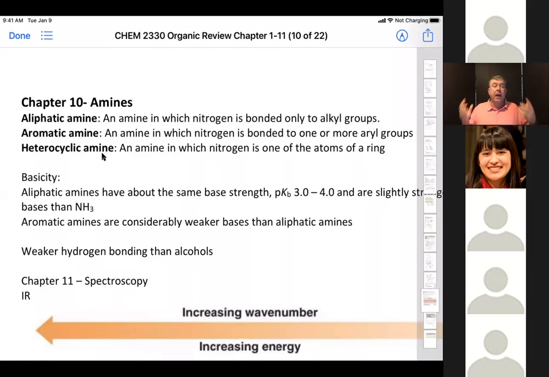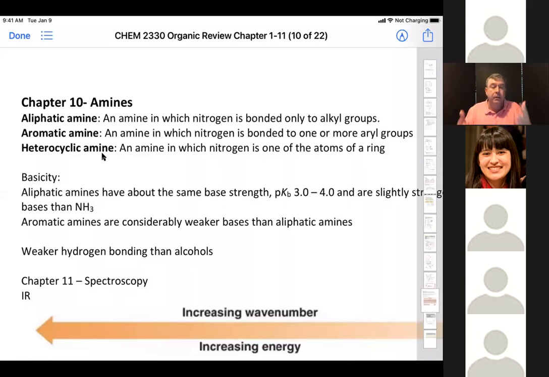The other thing we learned about this is basicity. The aliphatic amines are more basic than the aromatic amines, and the aromatic amines can shift depending on what's attached to the benzene ring. A strong electron drawer changes the ability of those electrons to be used and makes them less basic.